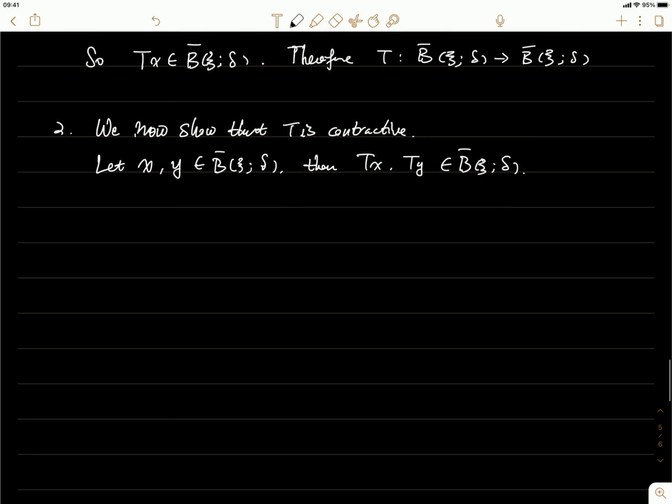On the other hand, I also need to show that the distance between the two functions is contractive.